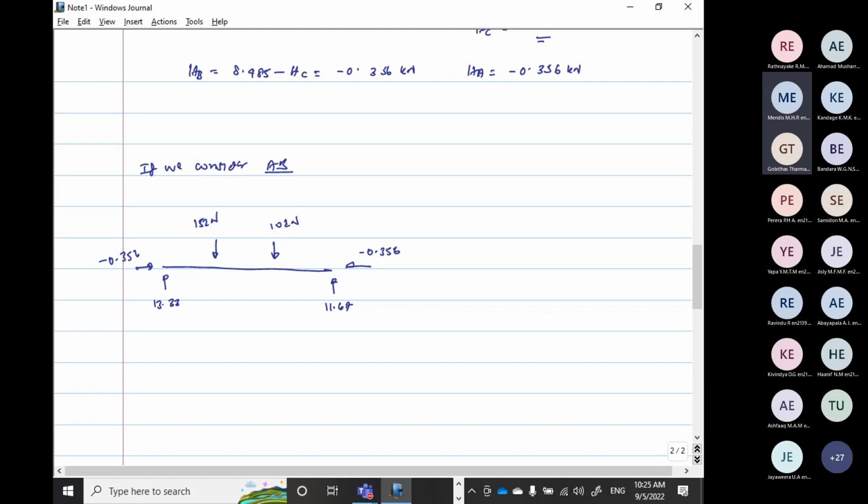We know how to plot the shape of the diagram, how to plot the variable diagram. The inclined column is also the same. The only thing is that it is going to be in a different axis.